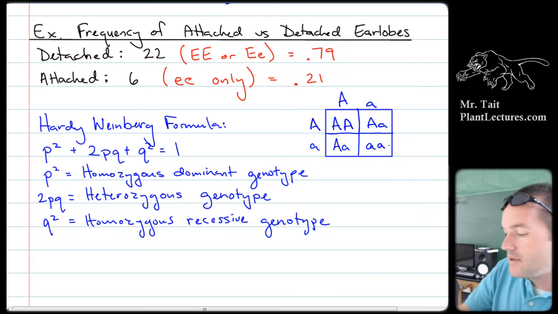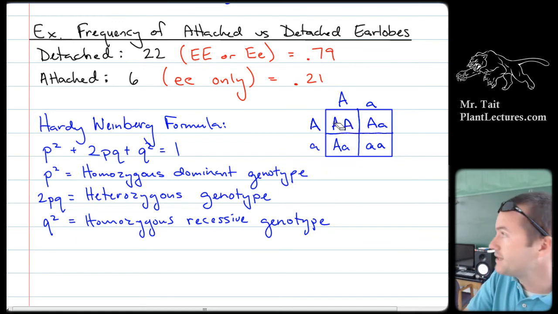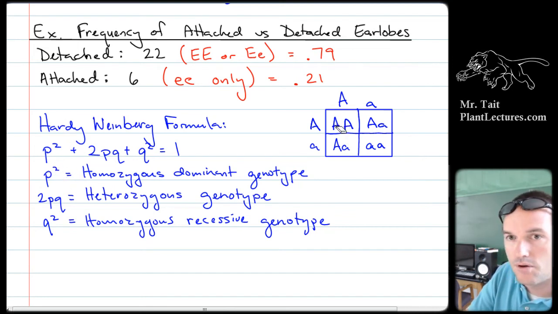So in this first box, you have A times A. What's A times A? It's A squared. So if we consider big A here to be p, that tells us that's p squared, the homozygous dominant.